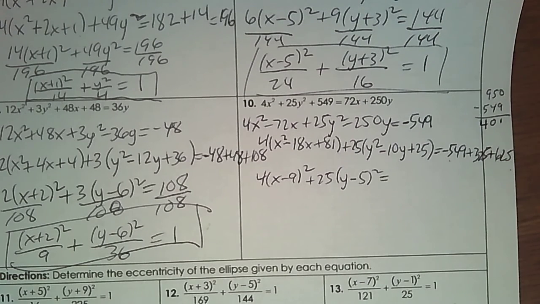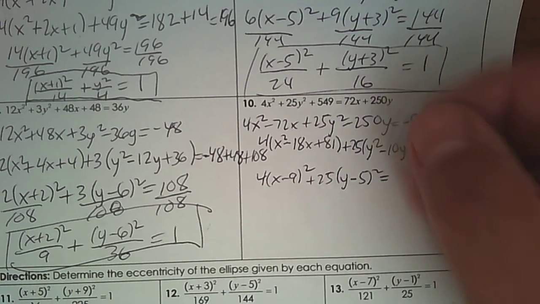But if it was 400, it would go in evenly. So this number, for its work, should have really been negative 550.